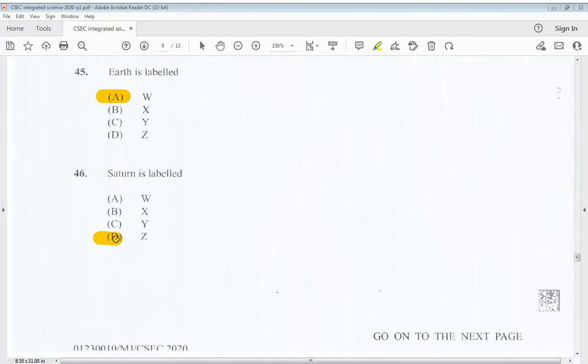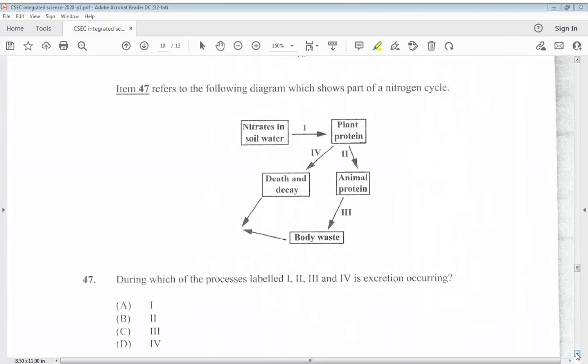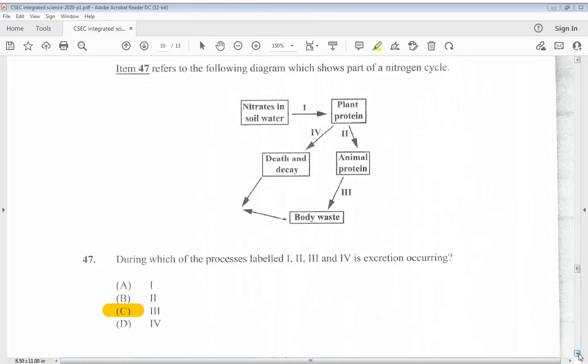We know it's at D, Z. Let's go to 47. So here we have a diagram that shows part of a nitrogen cycle. So read the question, what it says. So the answer is C.